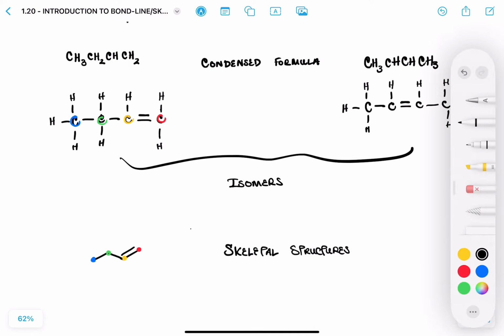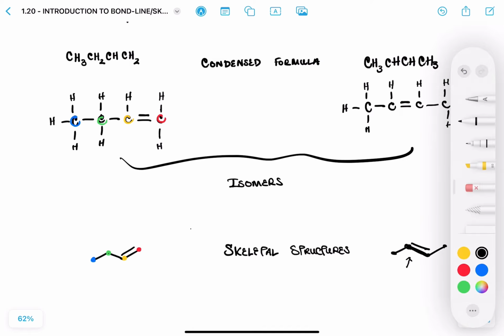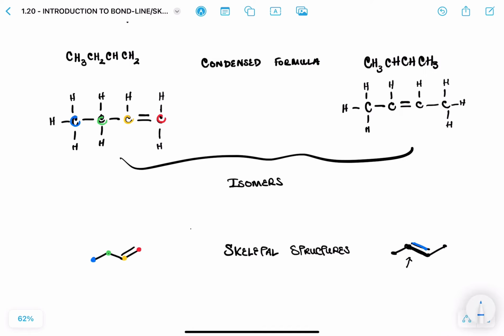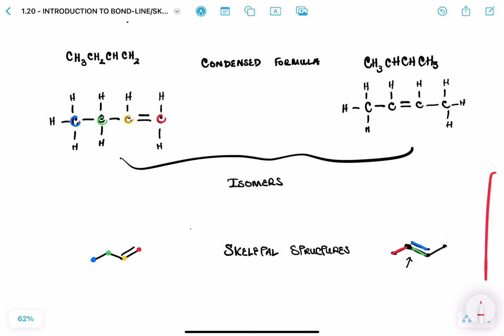Now, if we were to draw the skeletal structure over here, it would look like this. I don't like how I drew that, so let me get a little bit cleaner. And so there are my 4 carbons from left to right. And then because, again, these carbons in the middle have 3 bonds already, so let me color code them. This would be bond number 1 around that carbon. This would be bond number 2 around that carbon. That's bond number 3.